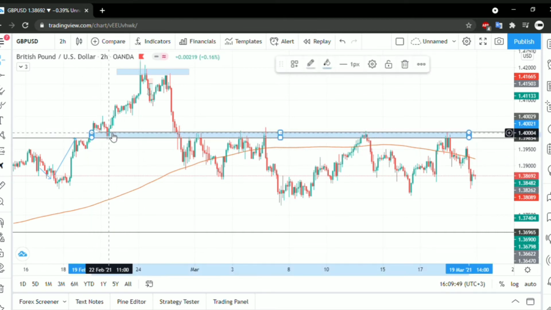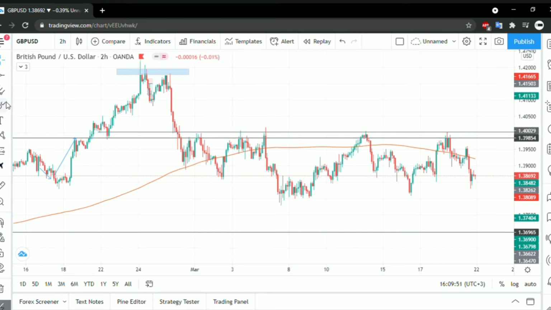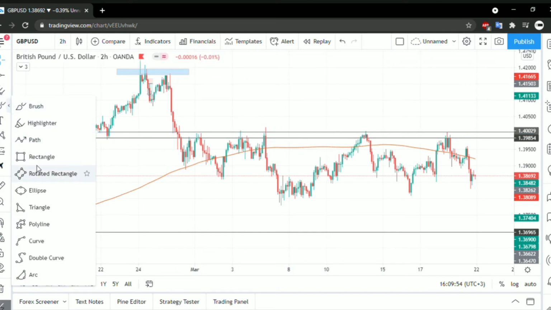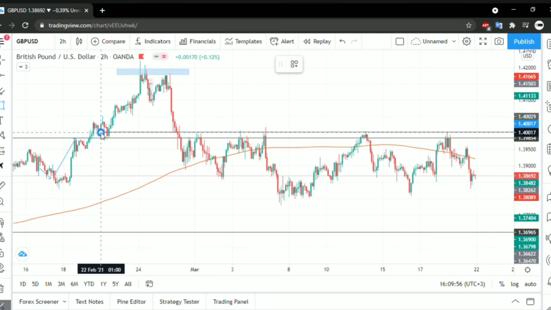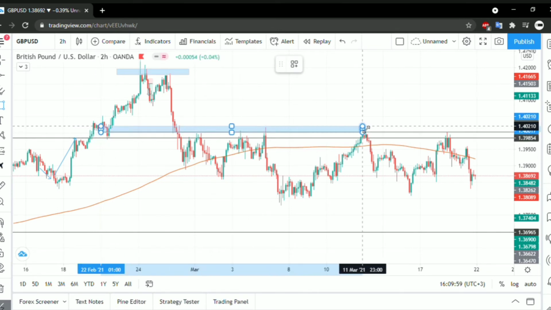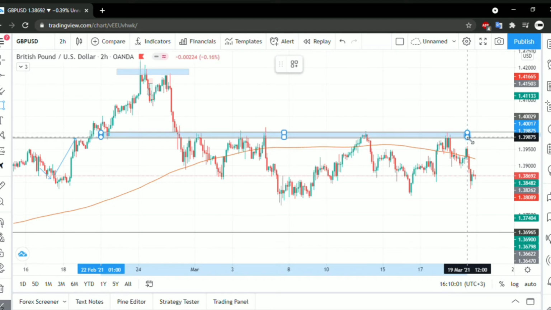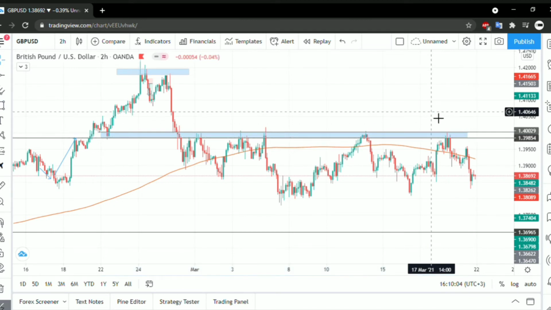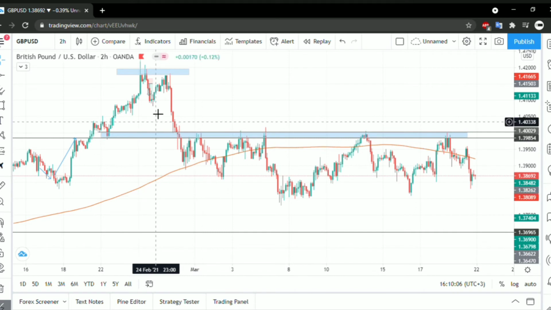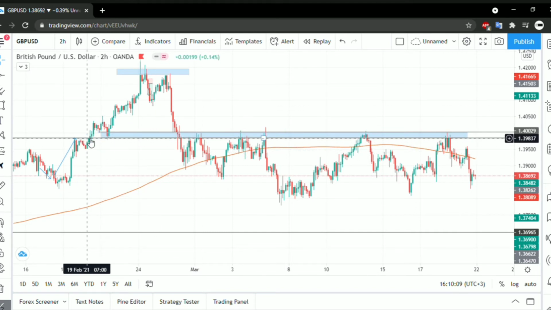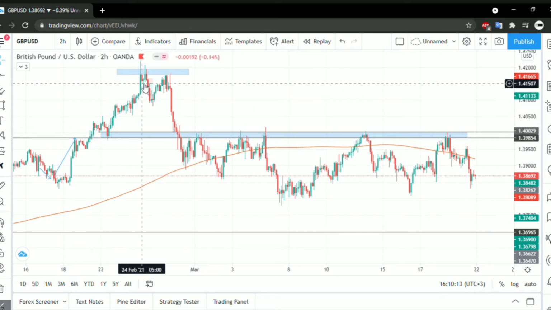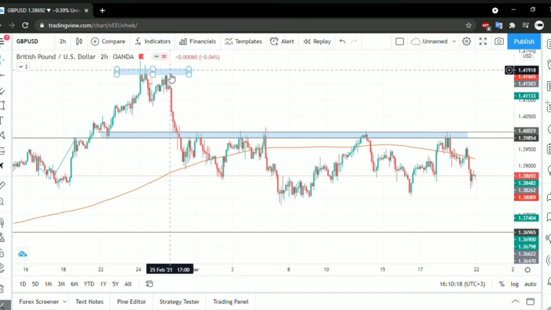So you just pick out your rectangle on this left bar, click on it, and then just drag it all the way until your desired position right there. So as you can see, at this point the currency pair broke off from this resistance level, went all the way up, and then created a double top and then started falling.